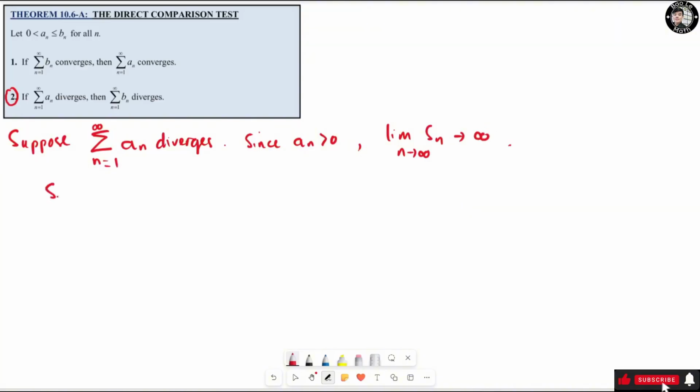Also we know that s sub n is always less than or equal to y sub n, which we proved above. So we can conclude that the limit of y sub n when n approaches infinity is infinity. So it tells us that the series b sub n when n goes from 1 to infinity diverges.